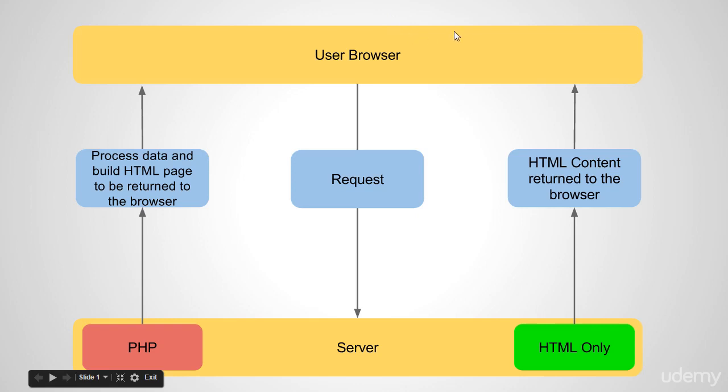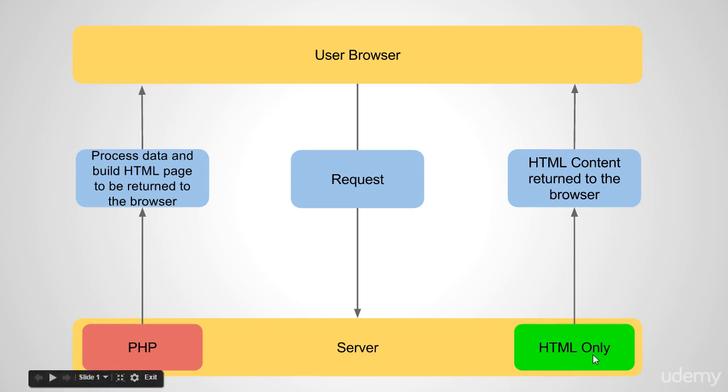So far we have been following the simple routes where the user sends a request to the server, and we have been requesting HTML pages at the moment without any PHP code. Okay, so HTML only means no PHP code.